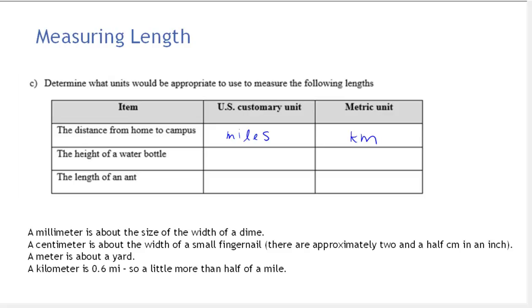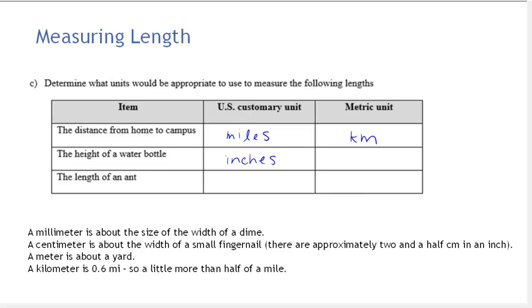So I'd probably go with inches, because again, we don't want to have a fraction of a unit. Instead, it's better to say the height of a water bottle is 10.5 inches, which would be better than 10.5/12ths of a foot. Okay, so for the height of a water bottle, I'm going to go with inches.